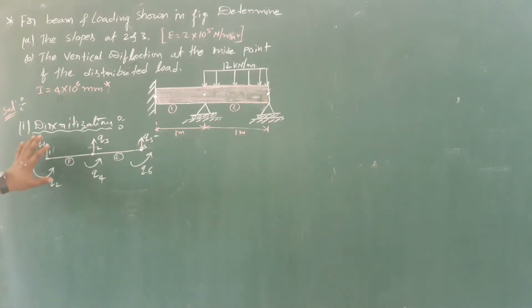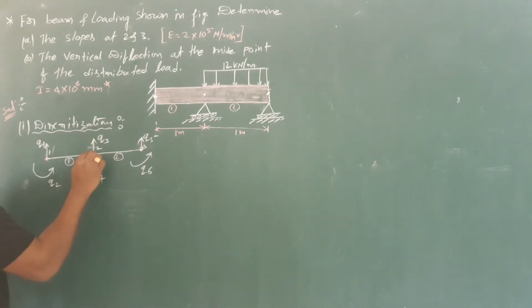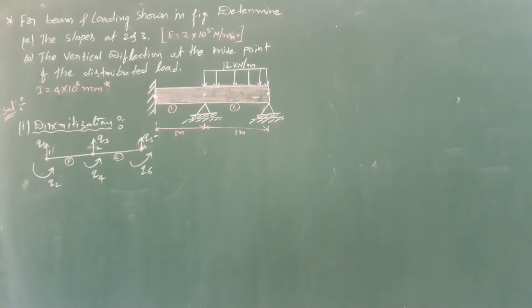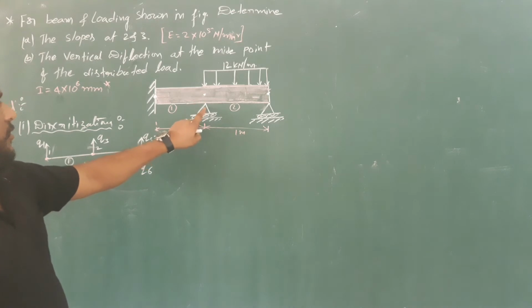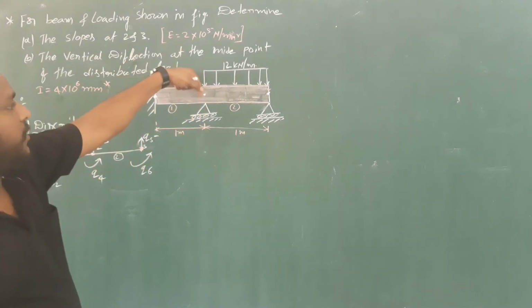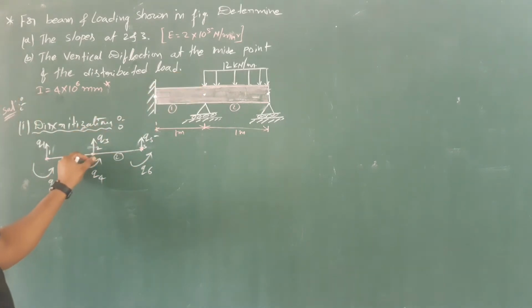So discretization means dividing this entire system into number of nodes and number of elements. Here one node, and here also one node, and here also one node, because it is fixed. That's why we take one node. And here also it has a reaction, that is a support is there and some load is acting on the body, that's why we take another node here.